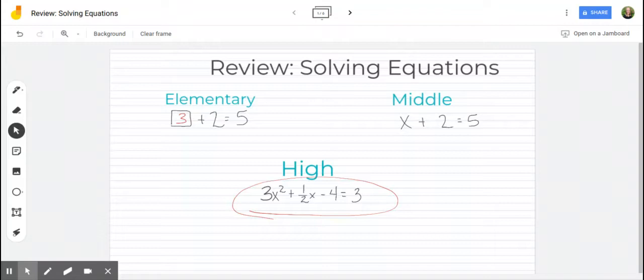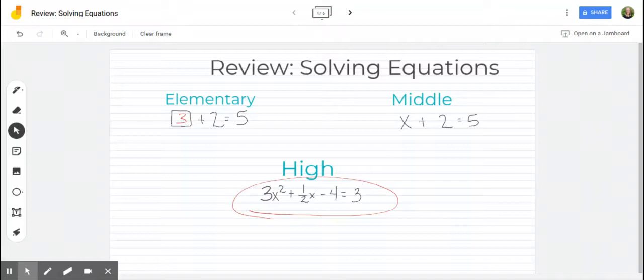So the inverse of addition, the opposite of addition, is subtraction. The inverse or opposite of subtraction is addition. The inverse or opposite of multiplication is division. And the inverse of division is multiplication. Okay, so make sure you know which operations are opposite or inverses of each other.